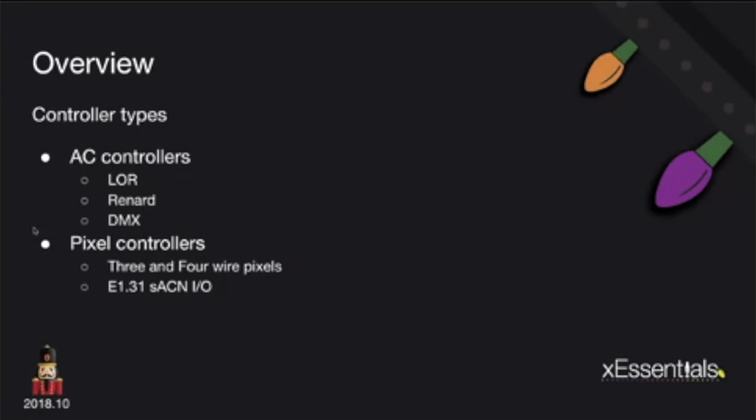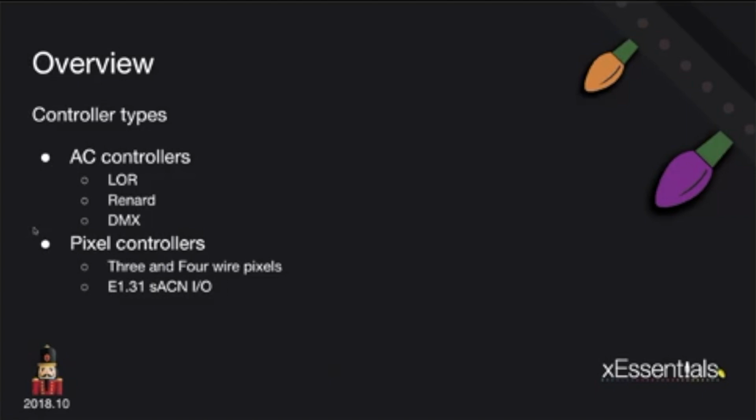And just in general, what a pixel controller is, if you're joining the session and don't know at this point, it's basically a device that drives either 3- or 4-wire pixels as fed by E1.31 or Art-Net, with E1.31 being the primary way folks do that from xLights, from Vixen, and from other schedulers and design applications.